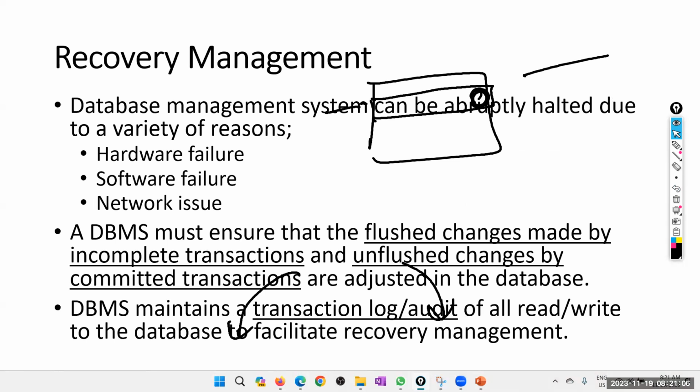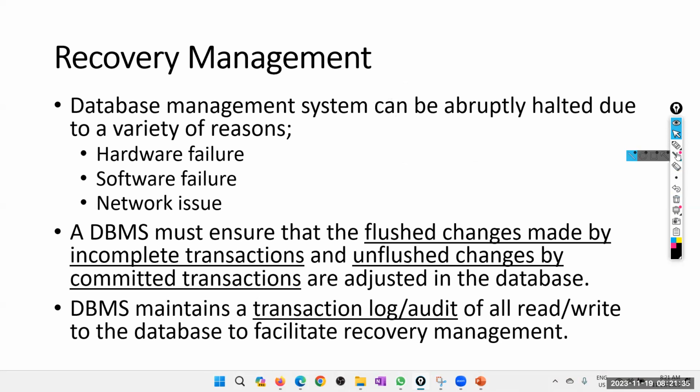So in case of a failure, not a failure of a transaction, but failure of your DBMS system, we need a mechanism to recover it back to, if not the original state, a stable state. Okay, so that is called recovery management. So we'll look at recovery management in a little bit more detail after learning some more theory.